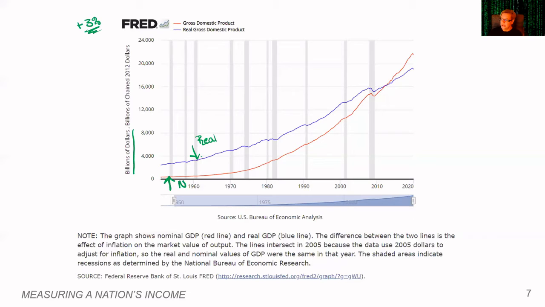So when we look at this, there have been many periods where the real has been greater than the nominal because we didn't really have a lot of inflation. And then they intersect, and now we have some inflation coming in. This is from, again, the Federal Reserve Economic Database. If you want the live data, you can just click on the link and it'll take you right to the live data.